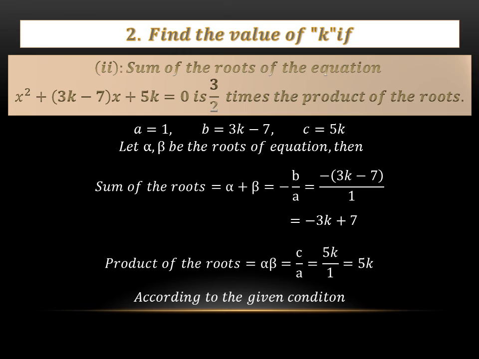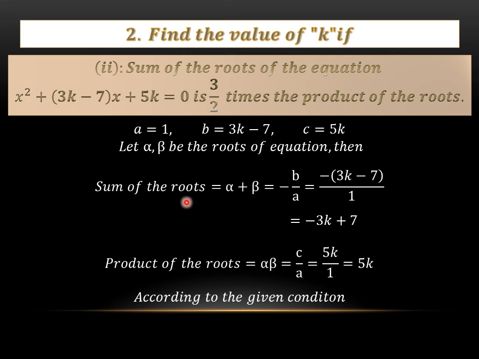Now, according to the given condition, what was the given condition? Now I will leave that part of the equation because we have solved it. Sum of the roots of the equation. What is sum of the roots?